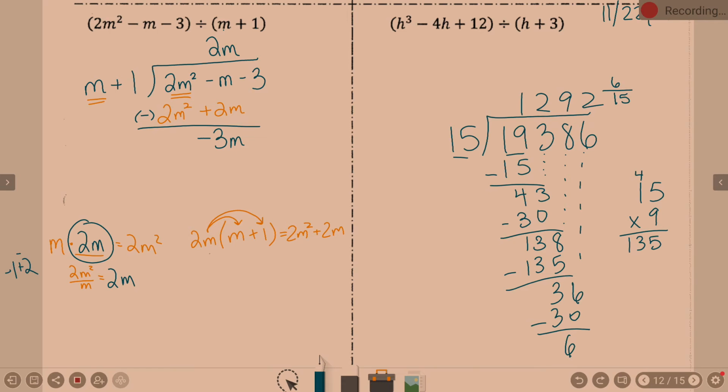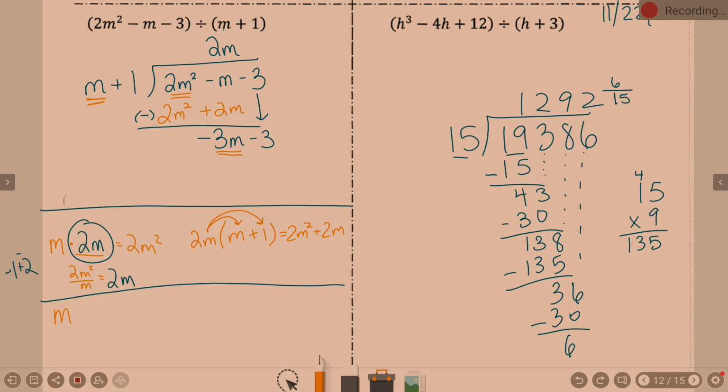Now what do I do? Bring down your minus 3. And restart the process. So now I'm asking myself, it's still m, but how many times does m go into negative 3m?